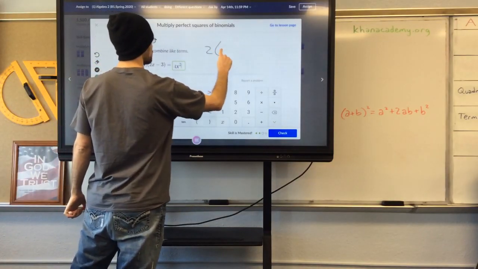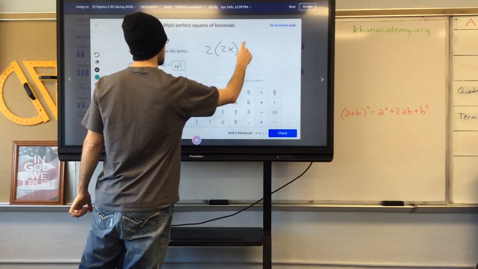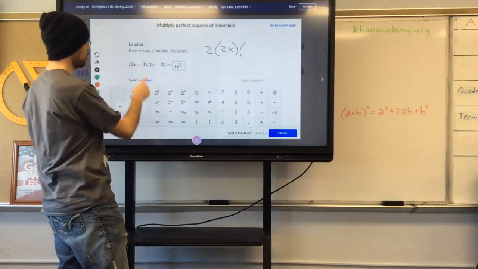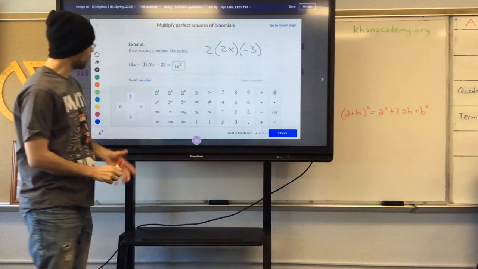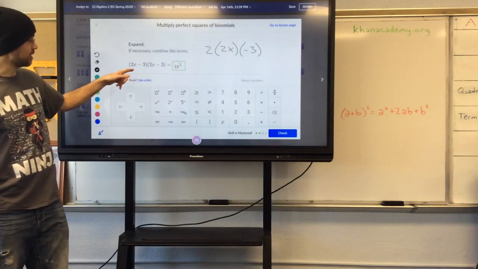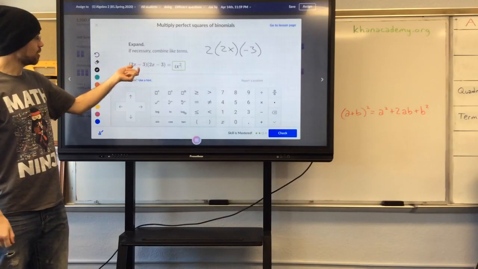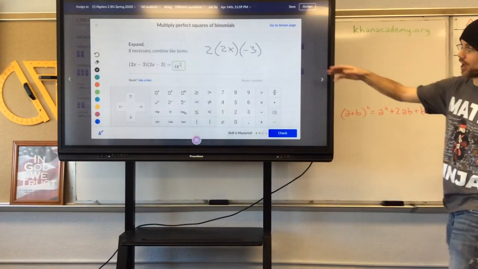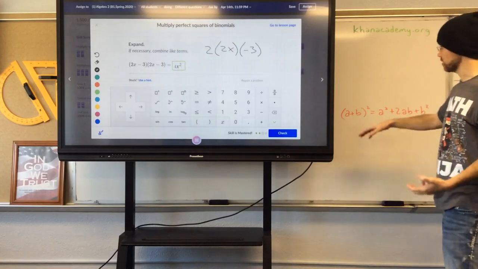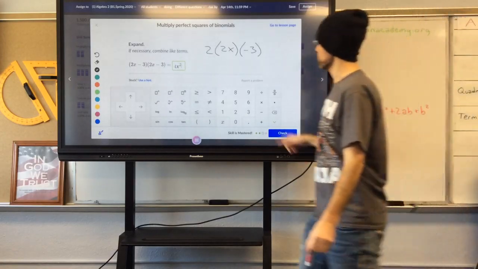2 times 2x times our second term. Our second term is negative 3. Why is it negative? Because this sign is negative. We're adding some constant. In general, we're adding a constant. Well, in order to have it be subtraction, that means that constant had to be negative. Okay?